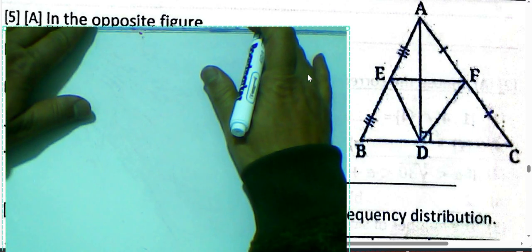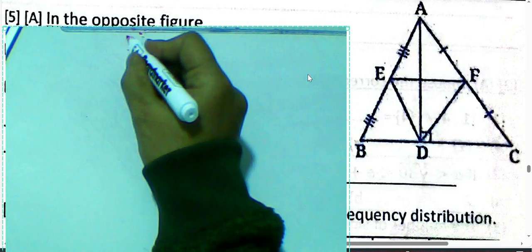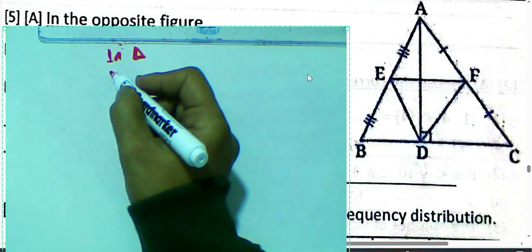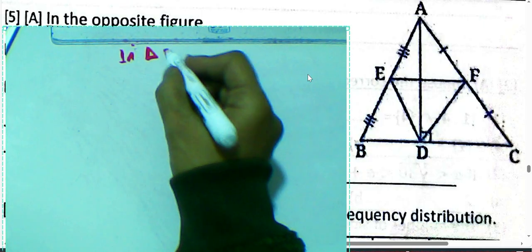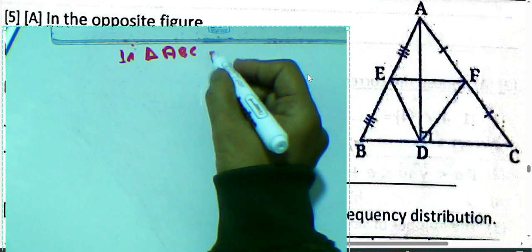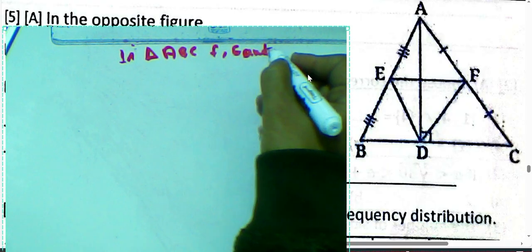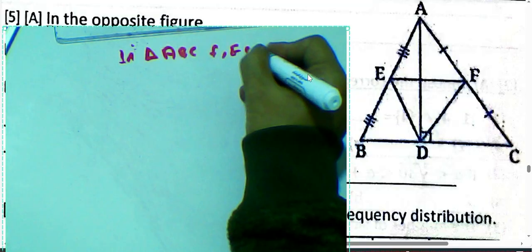First step, in triangle ABC we have F, E, and D. No, F and E only. F and E are midpoints.